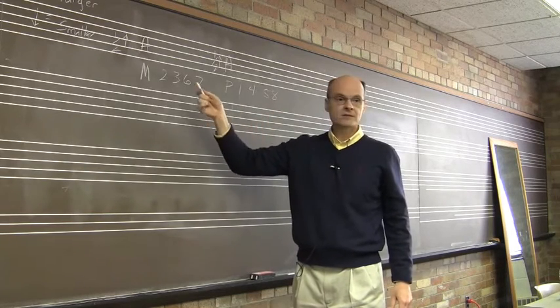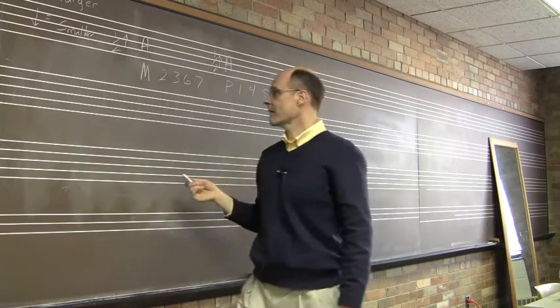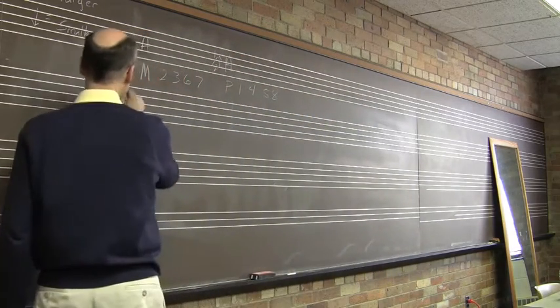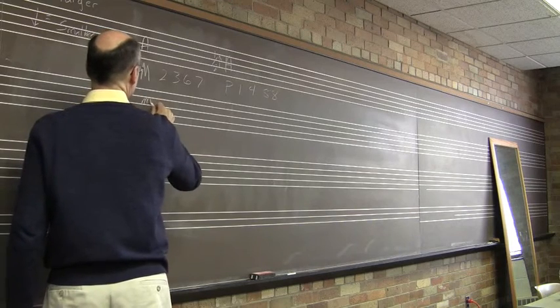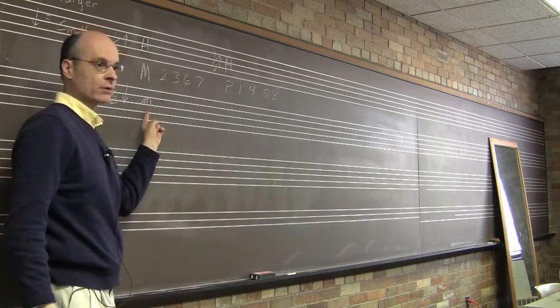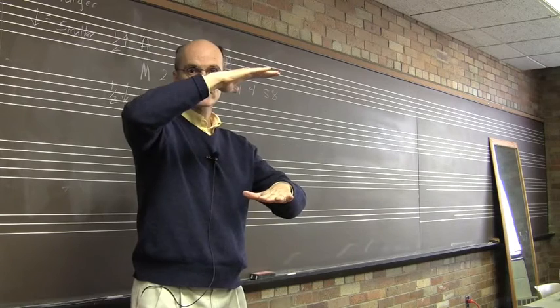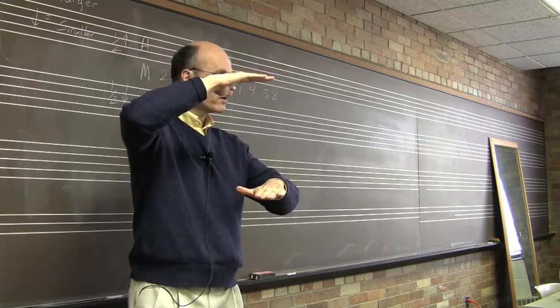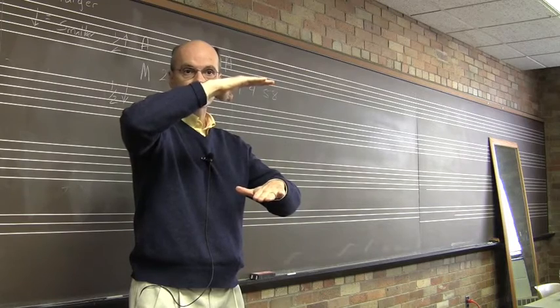The differences come when I'm making the interval smaller. So if I make a major interval a half step smaller, 2, 3, 6, or 7, those will become minor intervals. So if I found a major interval, for example, and I made it a half step smaller, say if the top note was natural, I would lower it with a flat.